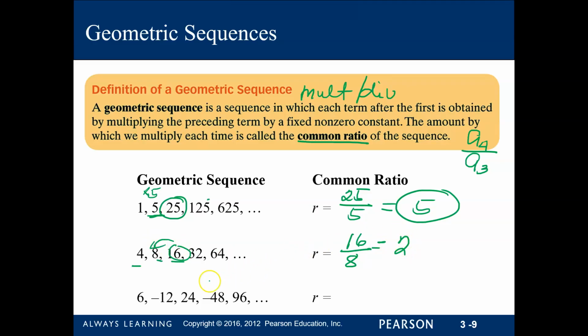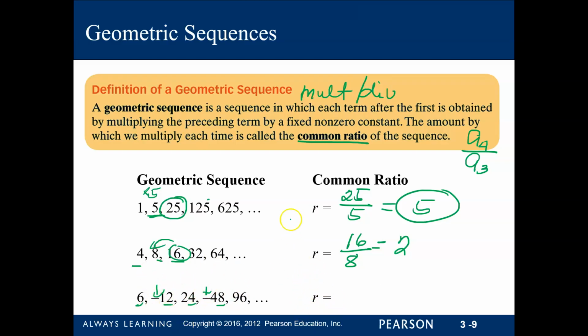Now, in this case, we have 6, negative 12, 24, negative 48, 96. Still the same thing. You will notice that the numeric value is multiplied by 2, but there's an alternating positive and negative sign.